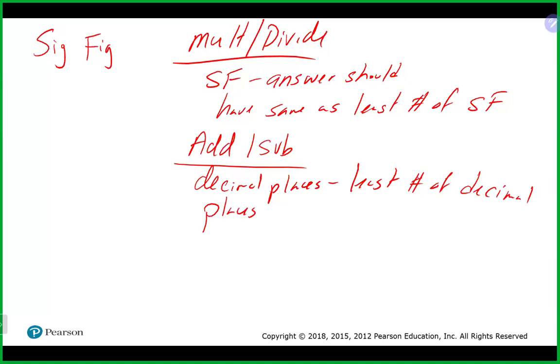Sometimes people just roll with sig figs on everything because that's in their head. But remember, if you are adding or subtracting, you do need to look at decimal places. The least number of decimal places is what your answer should have. That may give you a number that has a certain amount of significant figures. That may be important if you then go on and use that in a multiplication or division situation.